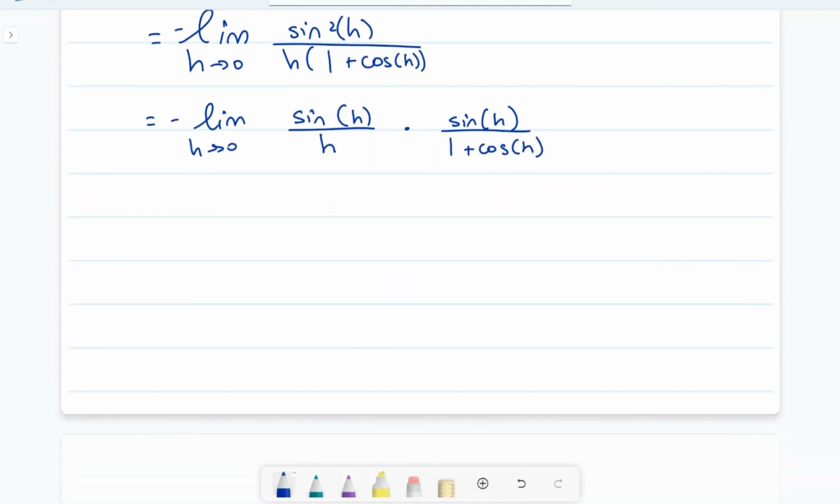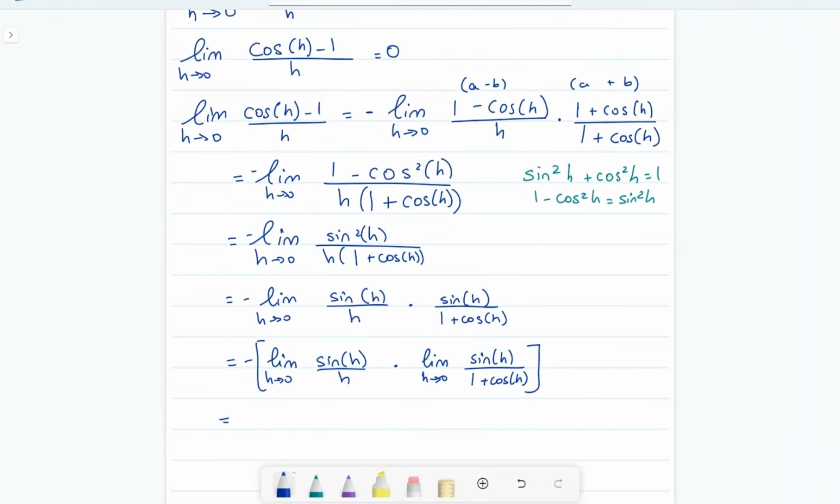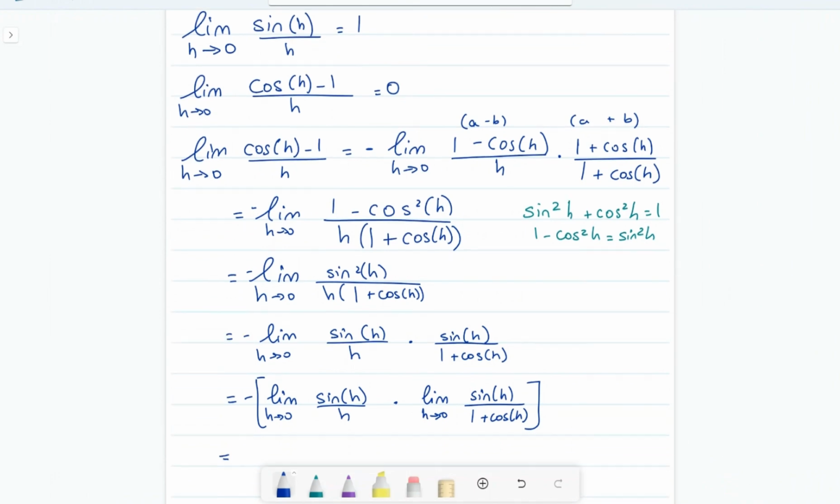I'm just separating it for the sake of the proof. And what happens in here is that I can separate the limit into two limits using limit laws. So this becomes limit of sine h divided by h as h approaches 0 times the limit of sine h divided by 1 plus cos h as h approaches 0. Now the first limit is the limit that we have just proved in an earlier video. It is equal to 1.